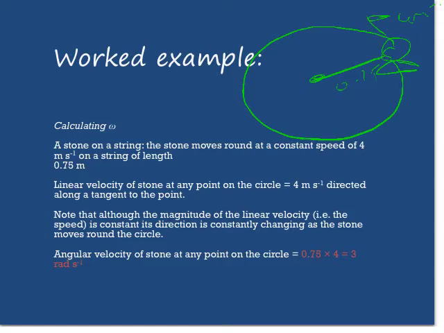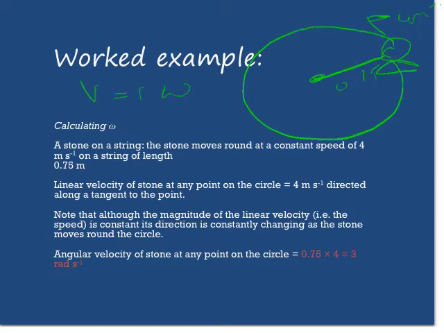The angular velocity is going to be, well, there's a couple of ways of working it out, okay, but essentially V equals R omega is one way of doing it to work out the angular velocity, or similar to that.